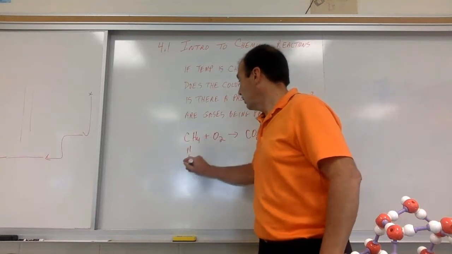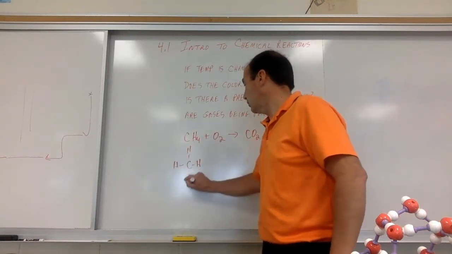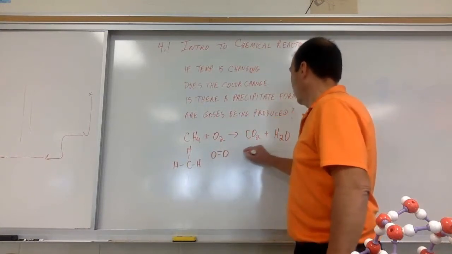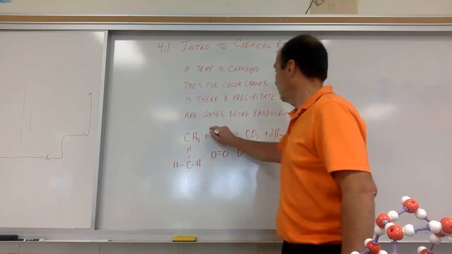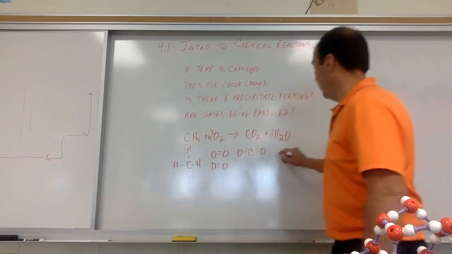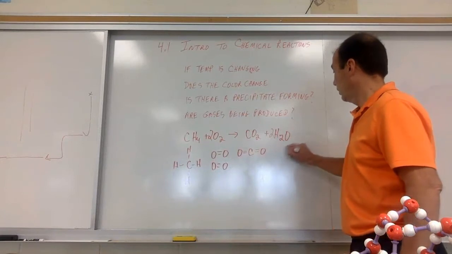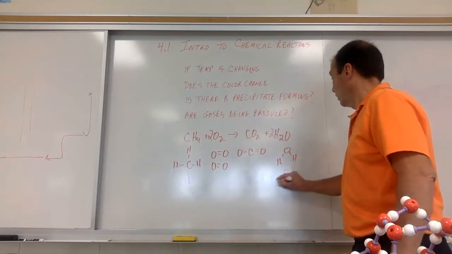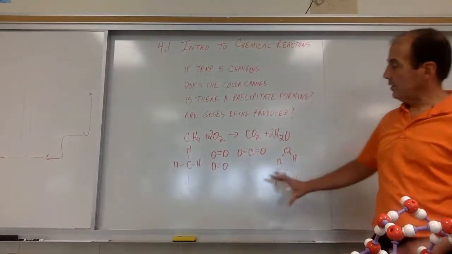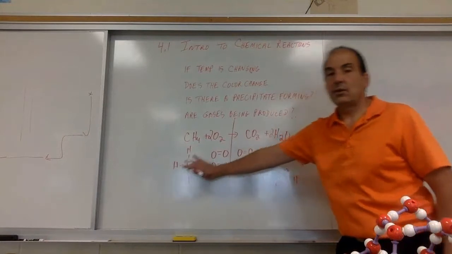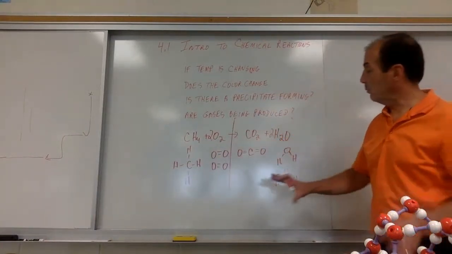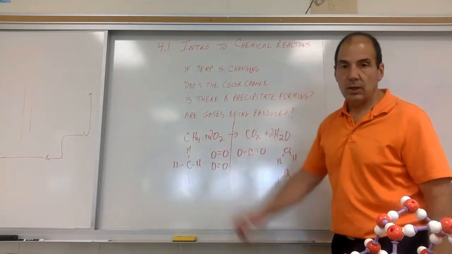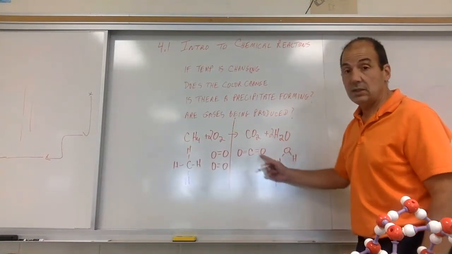I really should balance this, technically, but that'll be the next thing we're going to talk about. Anyway, we can see that in order to go from this to this, there's a whole bunch of bonds that have to be broken: all of these C-H bonds, the O=O double bonds. Then we have to make O=C double bonds.